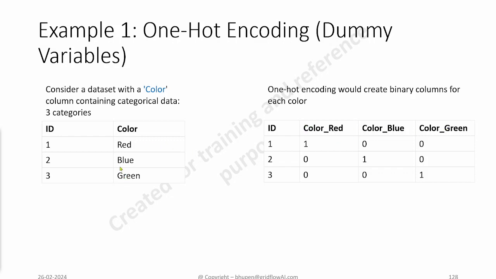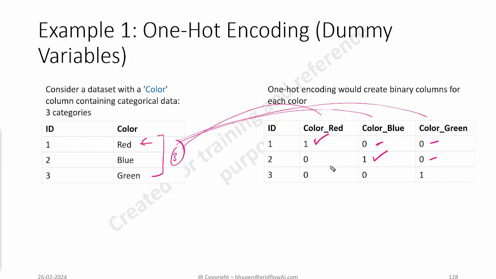Since there are three distinct values in the color column, those three will be converted equivalently to a column. So this one has red, so that column becomes 1 and the other columns become 0. Similarly, blue, so the corresponding column will be 1 and the other columns will be 0, and likewise green.